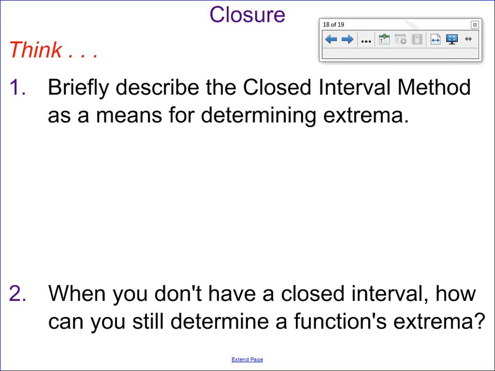Marissa? So you evaluate the function at critical values and the endpoints, and then you compare to see which one is the maximum. Absolutely. We can evaluate our function f at the critical values and at the endpoints and compare. We can select the optimal solution from those choices.